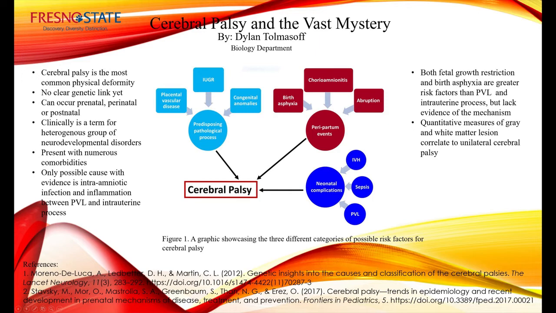I will now move on to encephalopathy and prematurity, as there is a quantitative measure of gray and white matter lesions that correlate to unilateral cerebral palsy. PVL is an injury to the white matter and is a strong prognostic factor in developing cerebral palsy.